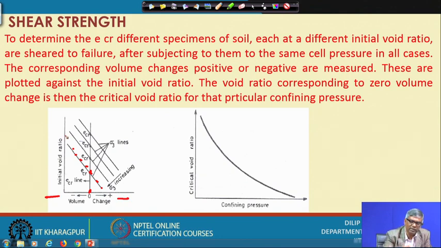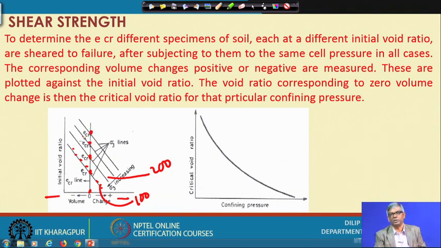Like that I can get a number of points, and finally those points will come in a straight line, and that line will intersect the zero point at this point. Suppose the earlier one is 100 kPa confining pressure and this is 200 kPa confining pressure. So for different confining pressures, we are getting different critical void ratios.